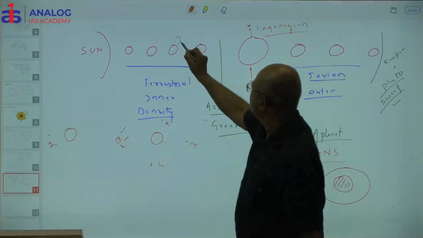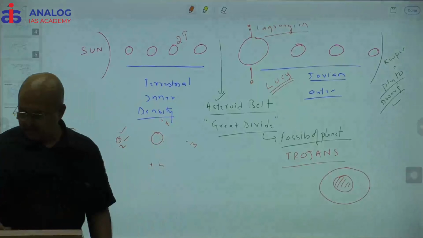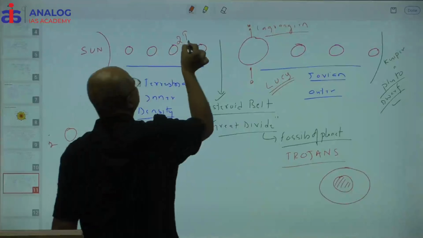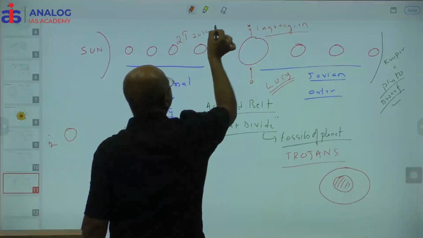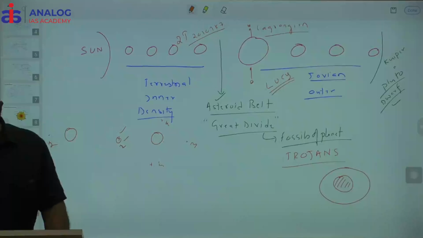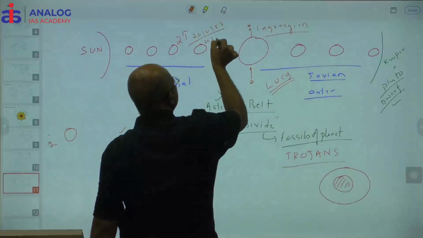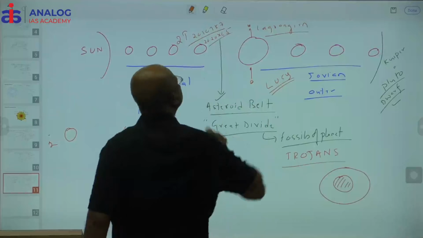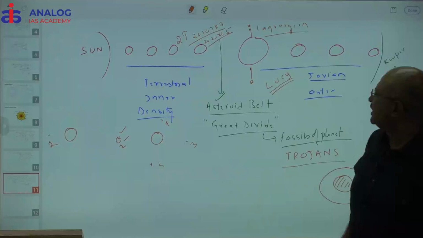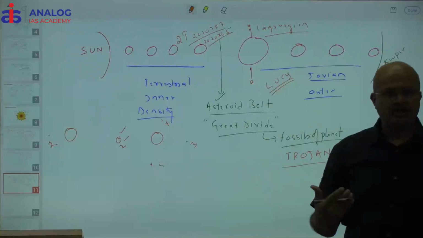Earth has Trojans, 2010 TK7 and 2020 XL5. Sometimes they ask whether 2020 XL5 is a Trojan or not an asteroid.